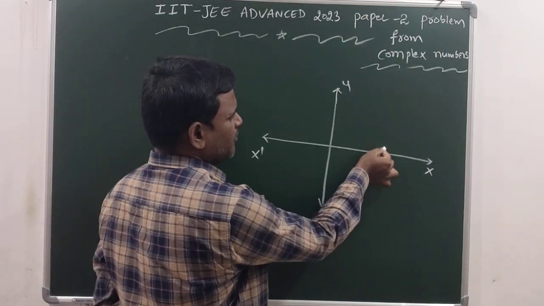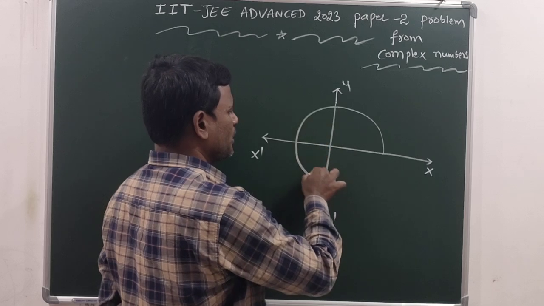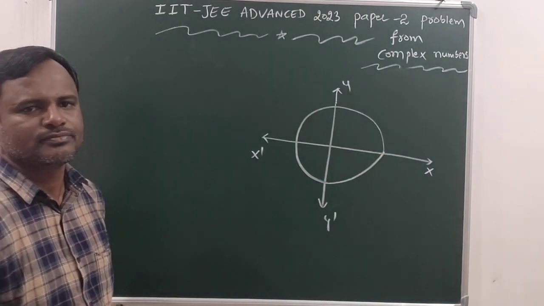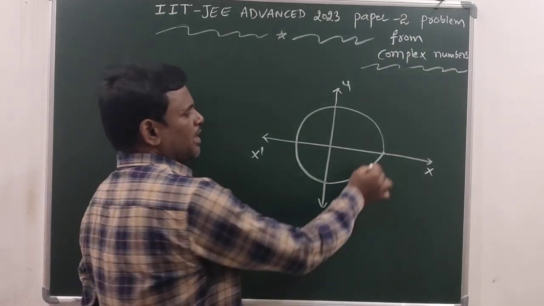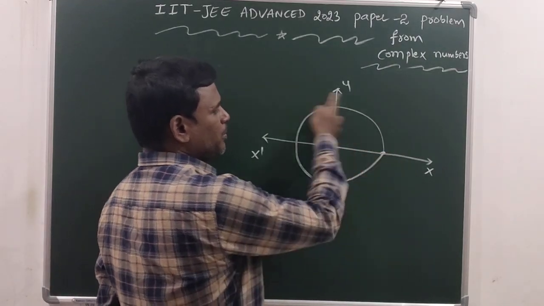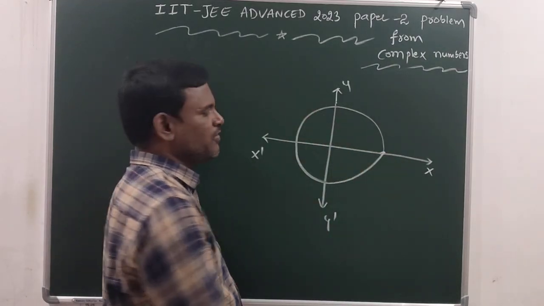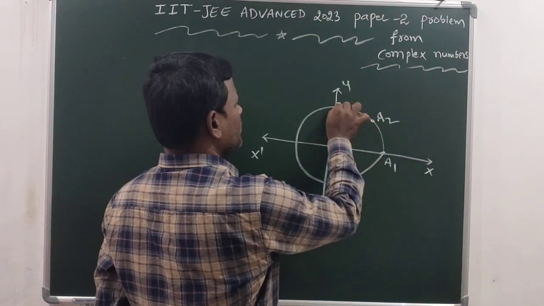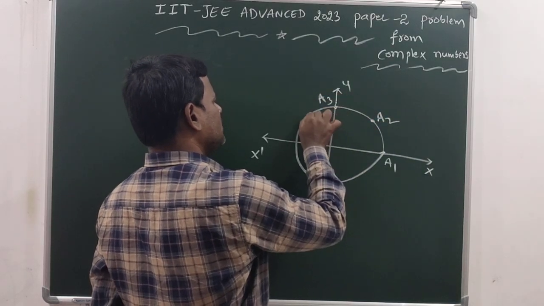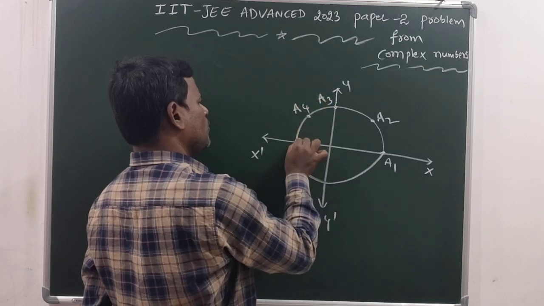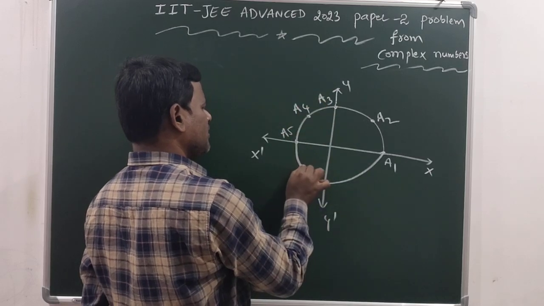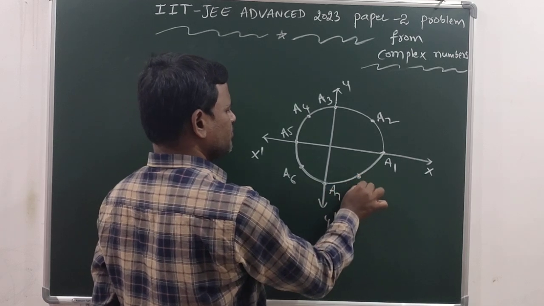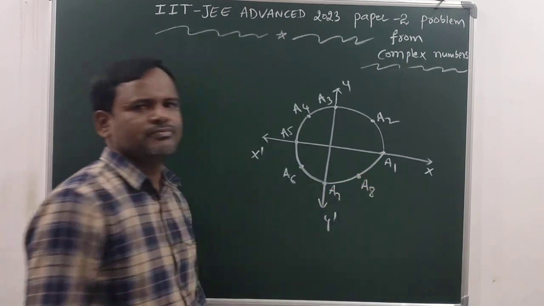Now draw a circle of radius 2 units having center as origin, and take any 8 points on the circumference of the circle. Let them be A1, A2, A3, A4, A5, A6, A7, A8.